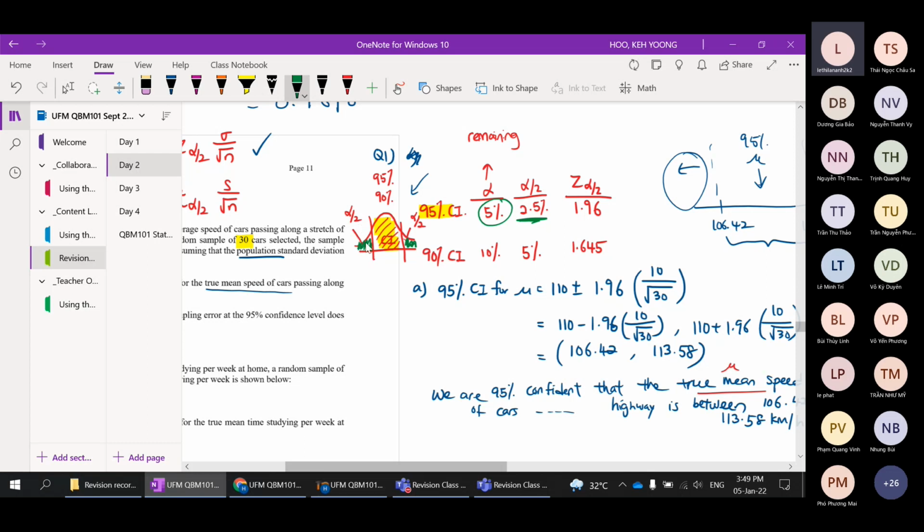So the Z value here is Z alpha over 2, which is Z 0.025, for 2.5%. Do you understand how to get 1.96?